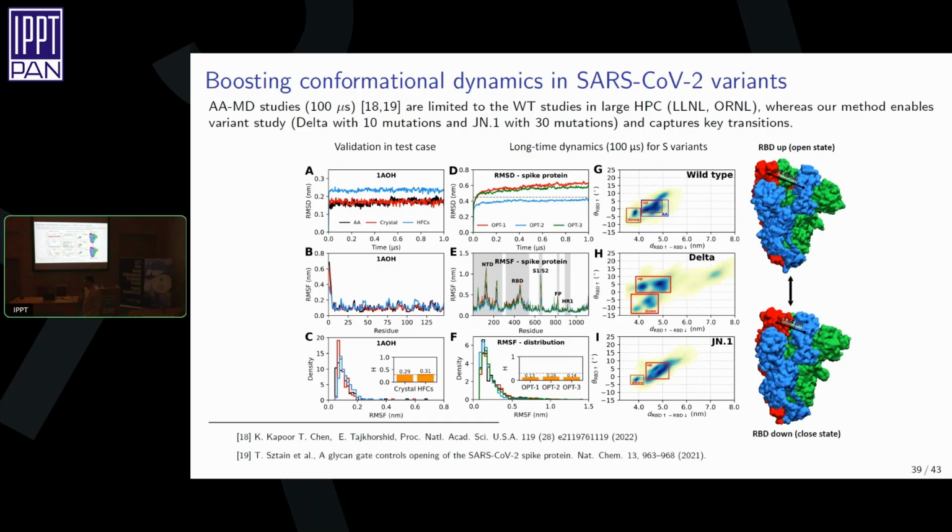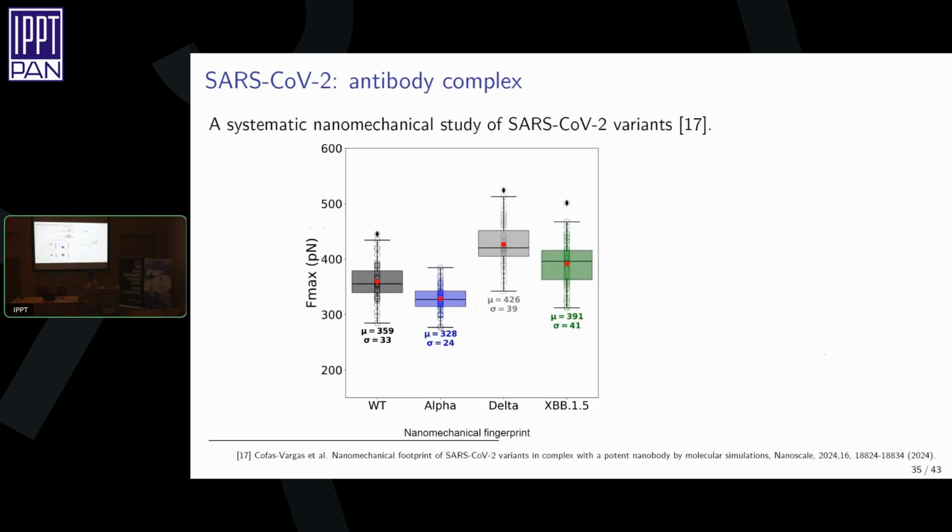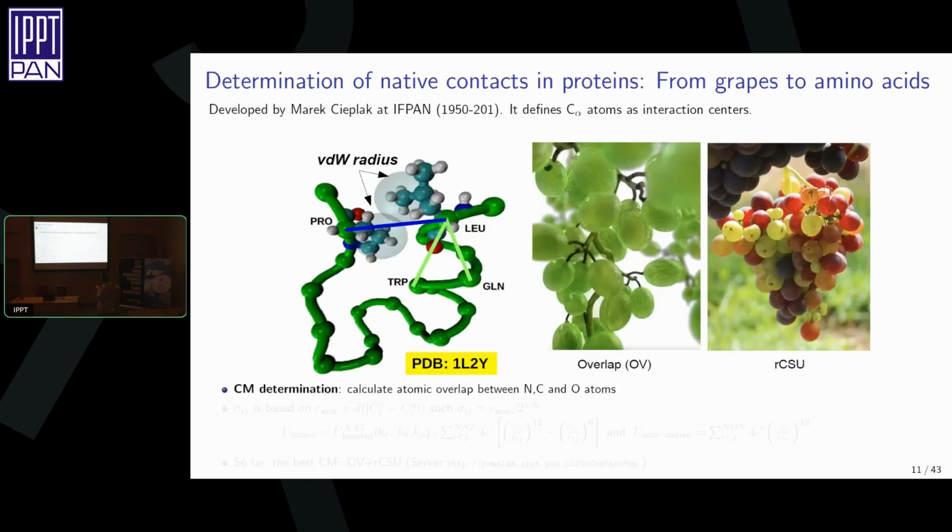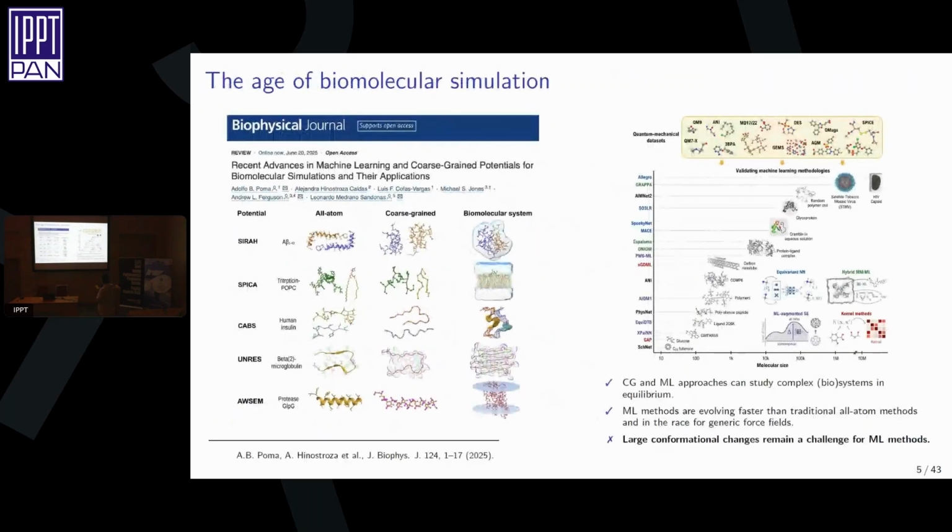Okay, my question is whether in all-atom simulations we take into account quantum mechanics or not? No. But that's a good question, because of the machine learning methods that I highlighted at the beginning, some of them are still slow, but we are studying that too.